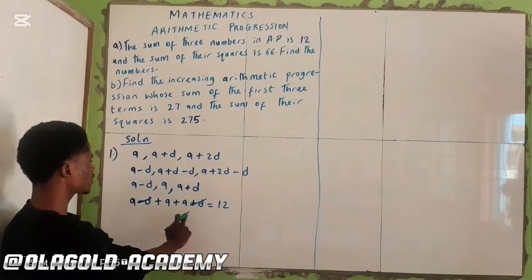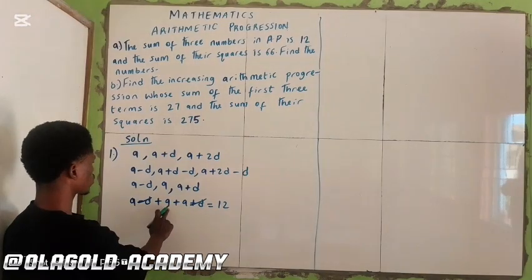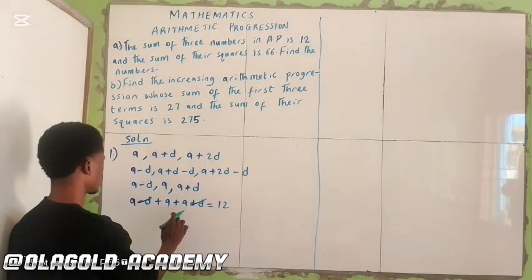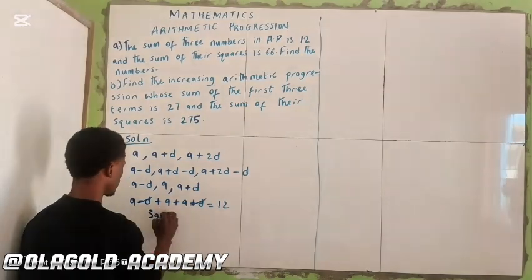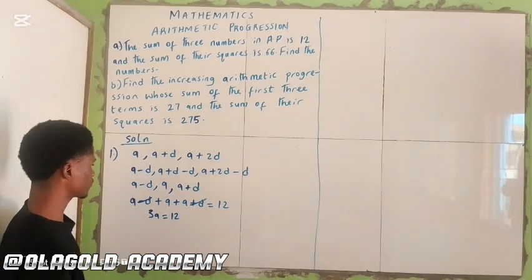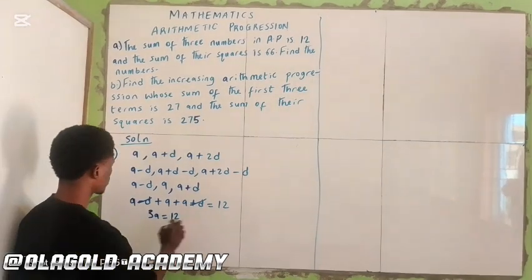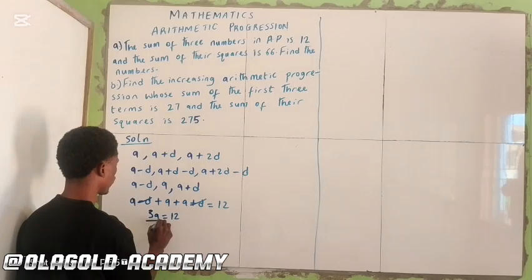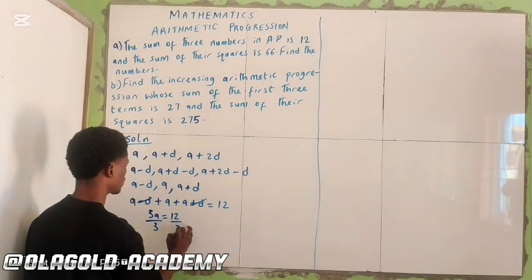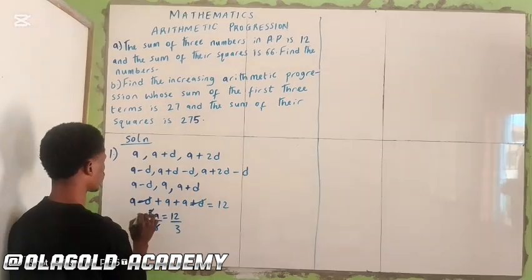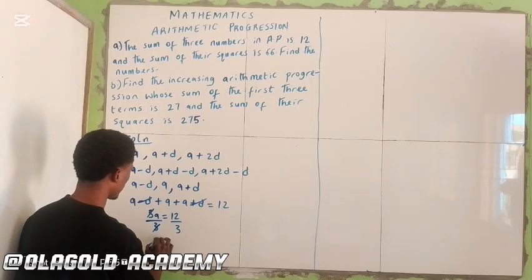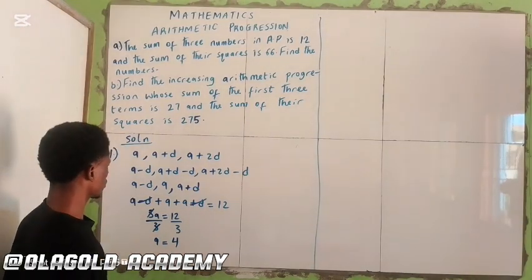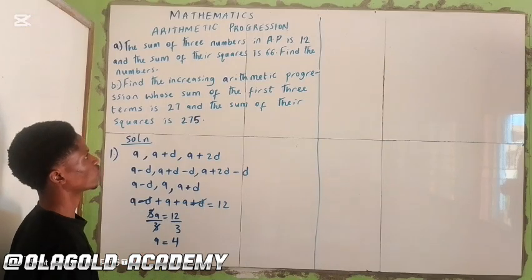We have 3A left. A plus A gives us 2A, and 2A plus A gives us 3A. So we have 3A equals 12. What's the next thing here? Divide both sides by the coefficient of A, which is 3. So 3 over 3 cancels out, and our A equals 4. So our A is 4.